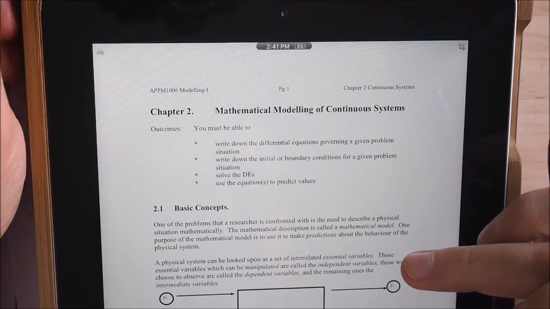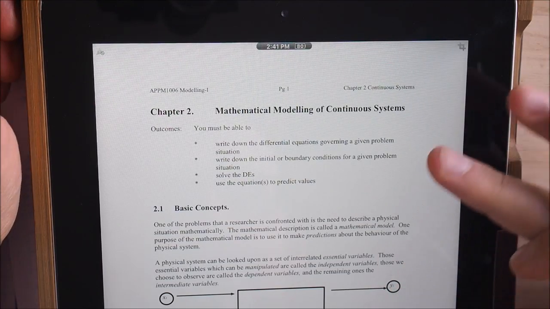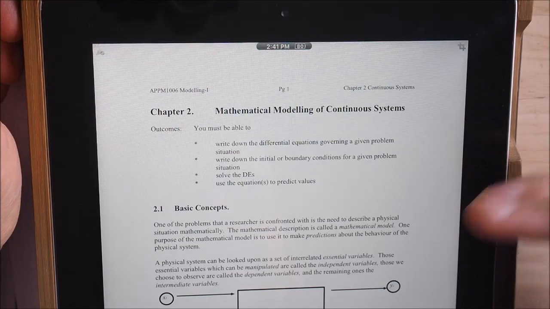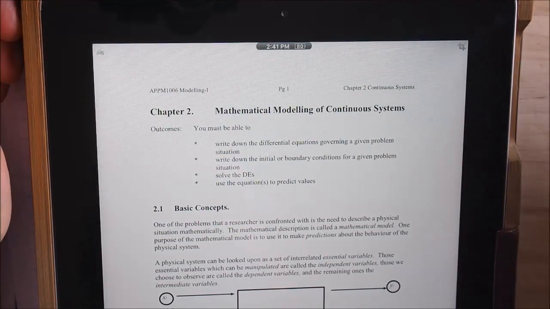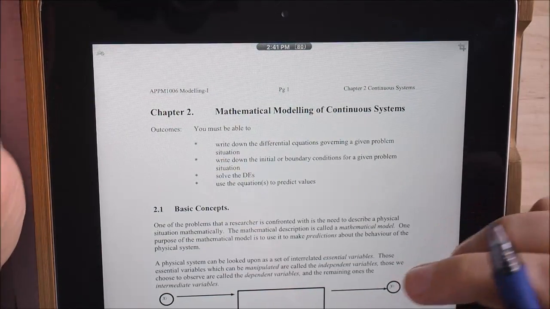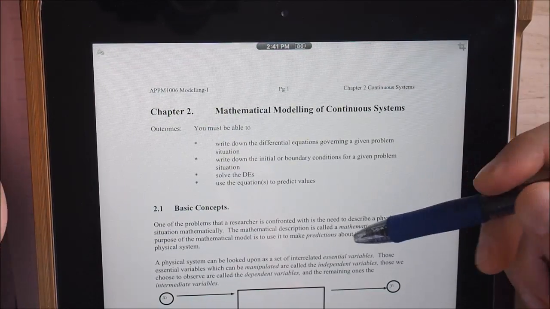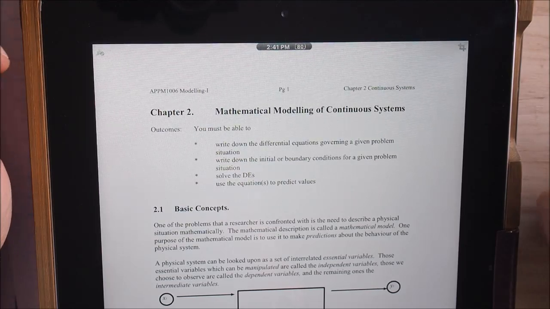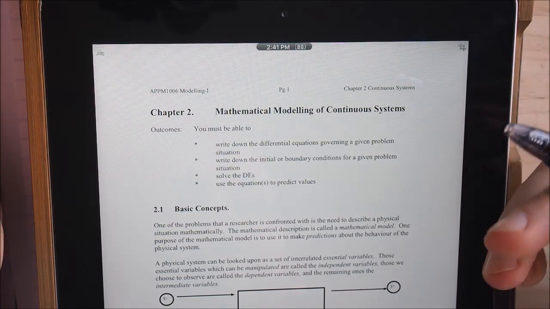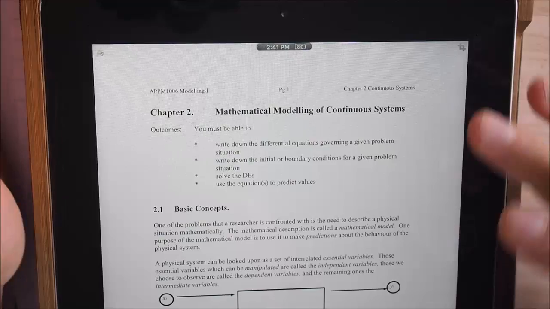So I encourage you to read through this. I'm not going to read through it here. So I encourage you to read through the basic concepts, what dependent variables are, what independent variables are, how they can be manipulated, and how what they talk about here are essential variables, how these values change the dynamics of the system.